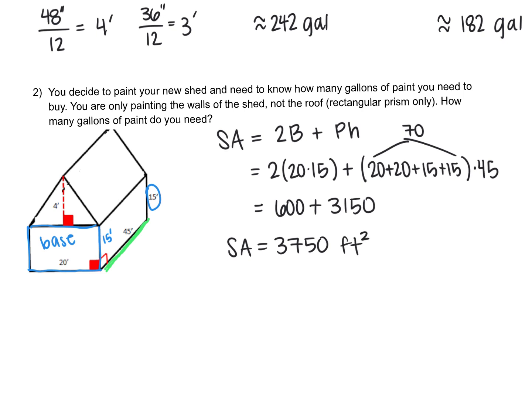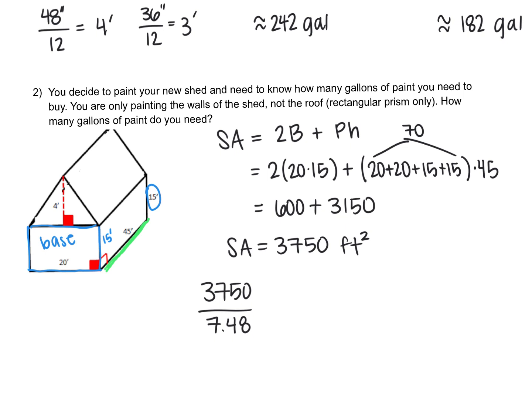And the question does ask us how many gallons of paint do we need. So we're going to have to convert our square feet to gallons. Now, weirdly enough, the amount of gallons in a square foot and the amount of gallons in a cubic foot are the same. It's 7.48. So we're going to be dividing by 7.48 again.